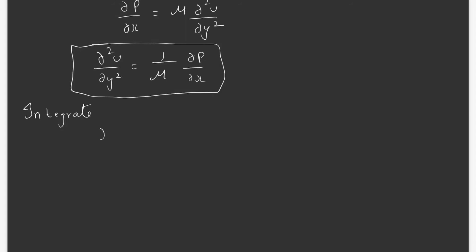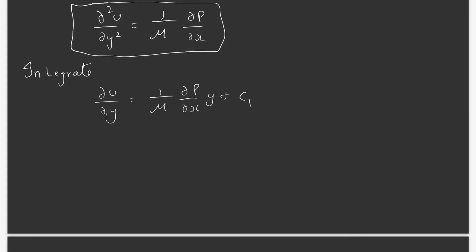By integrating we get ∂u/∂y is equal to 1/μ ∂p/∂x into y plus c1. Again integrating, what we'll get? u is equal to 1/μ ∂p/∂x into y²/2 plus c1y plus c2.